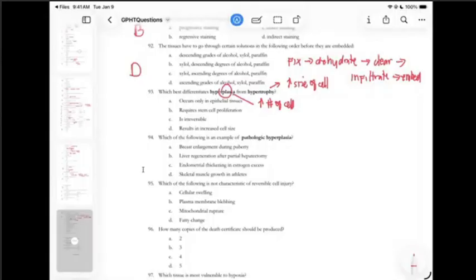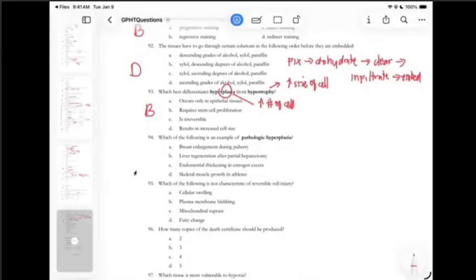The components inside enlarge but no division happens. What would differentiate them? Letter B, stem cell proliferation. Definitely, when there is stem cell proliferation, there is mitosis and cell division. That would differentiate it from hypertrophy. Both are still reversible changes. Number 93, letter B.